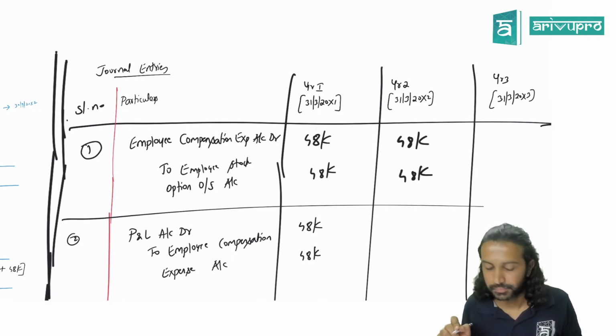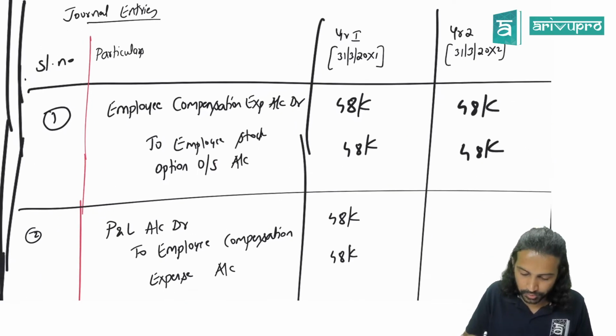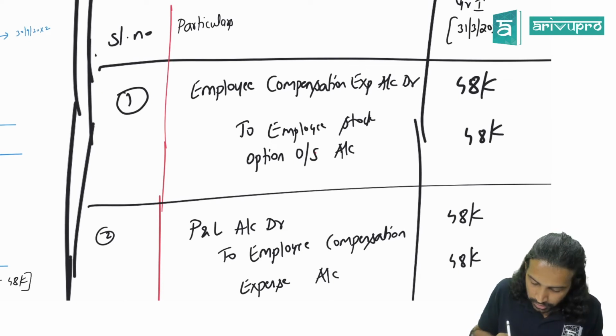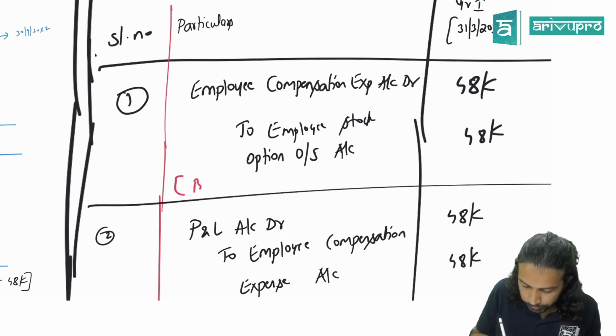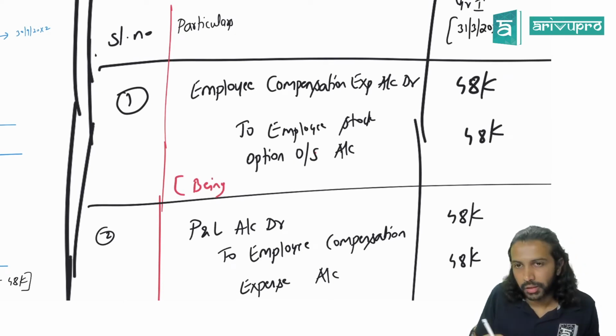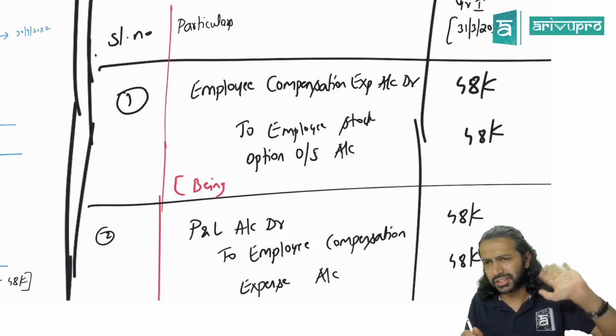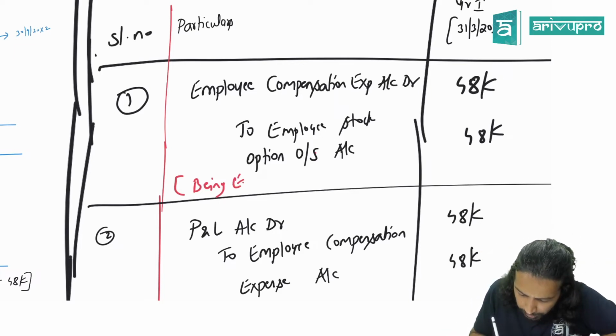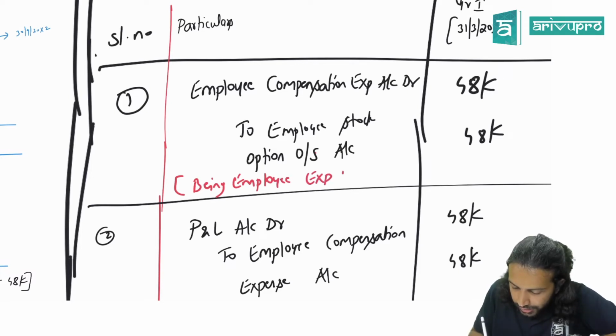Saving time. Narration is a must. Actually, this one I should have given a narration. Here, what can you write as narration? Being employee compensation expense recognized. That's all. Simple. No hyphen for journal entries, or narrations.